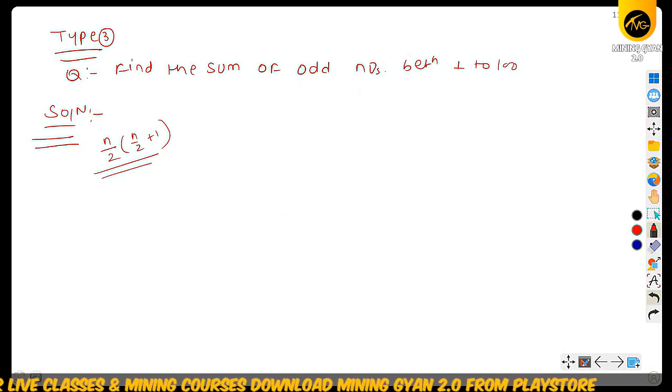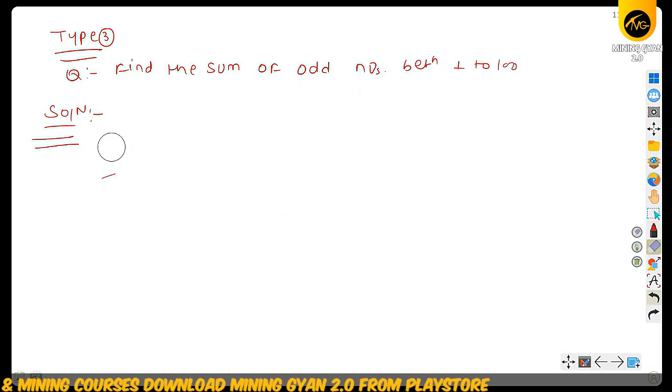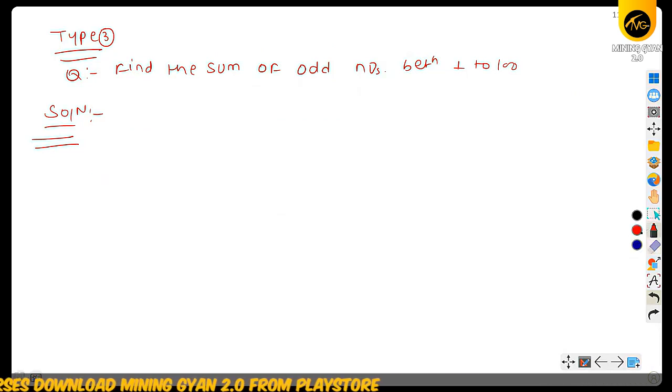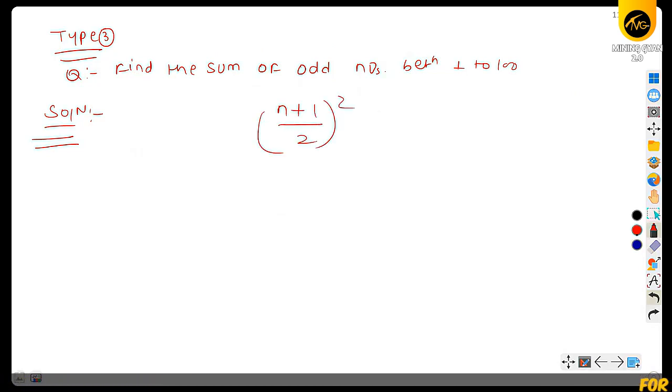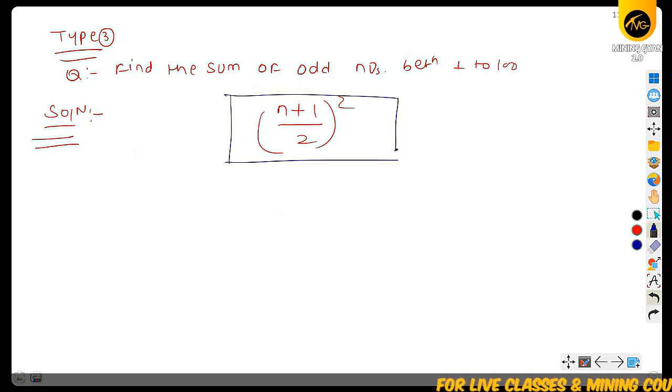So that's why in this case we use another formula, and that is ((n plus 1) divided by 2) whole square. So this is the fourth formula.